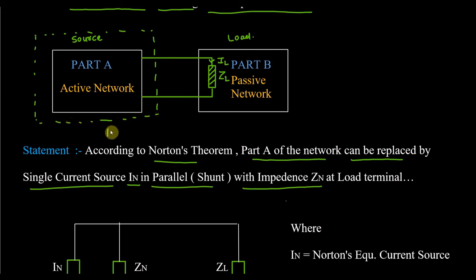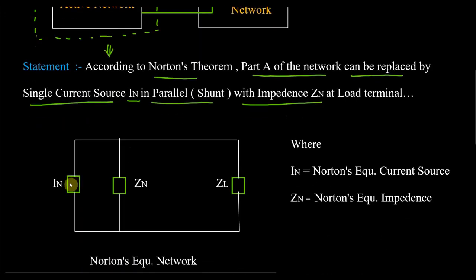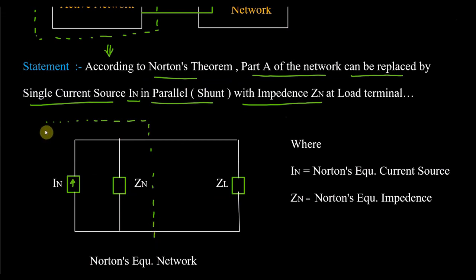This part A can be replaced by a current source whose value I have written as IN, in parallel with the impedance ZN. So this is actually your part A. According to Norton's theorem, part A can be replaced by this single current source IN in parallel with the impedance ZN.